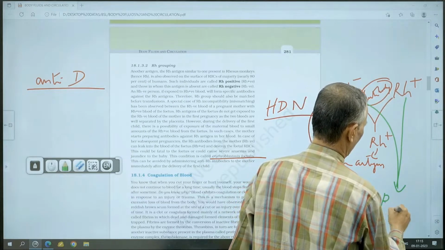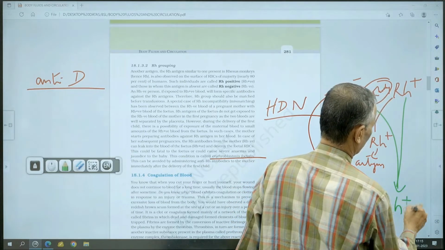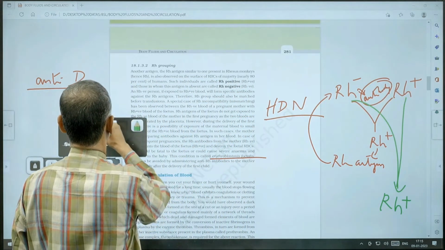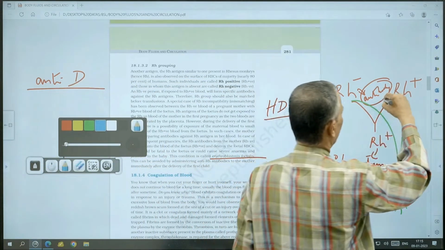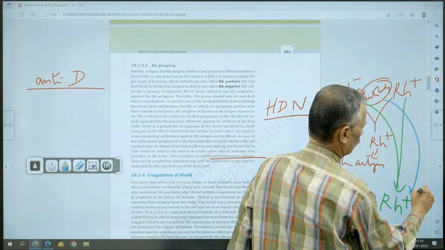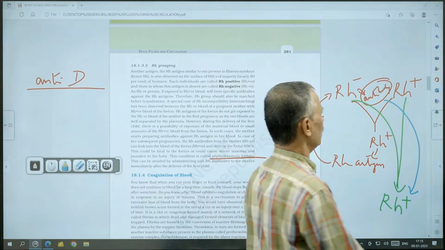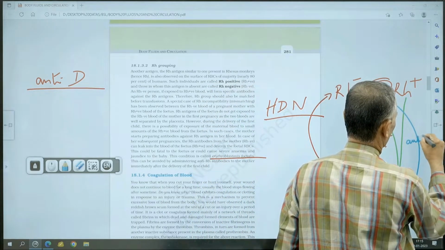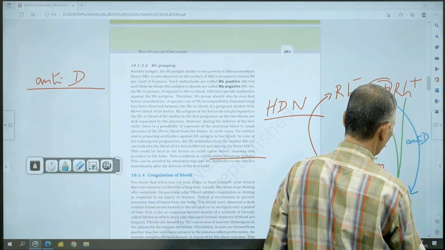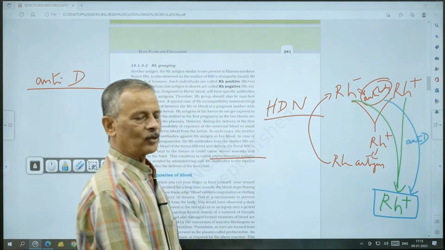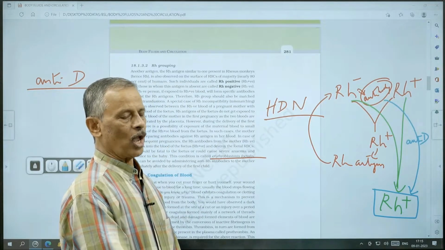That baby is also RH positive. Now, these antibodies of the mother will be crossing the placenta. Antibodies, anti-D, will be crossing the placenta and reaching the baby and cause clumping, coagulation of the RBCs.